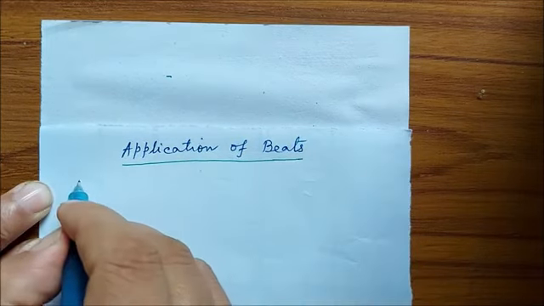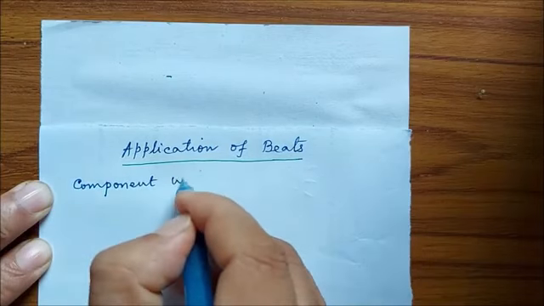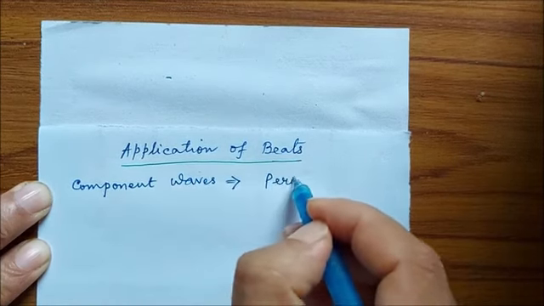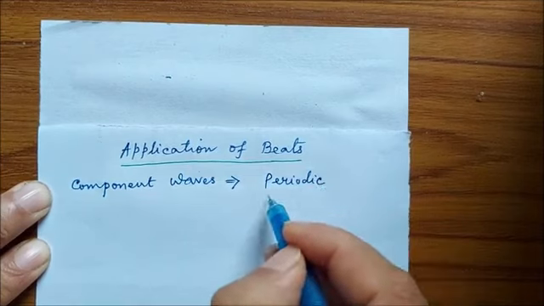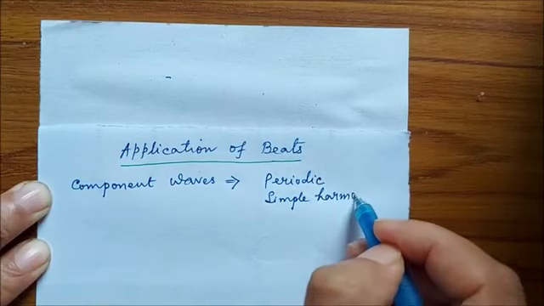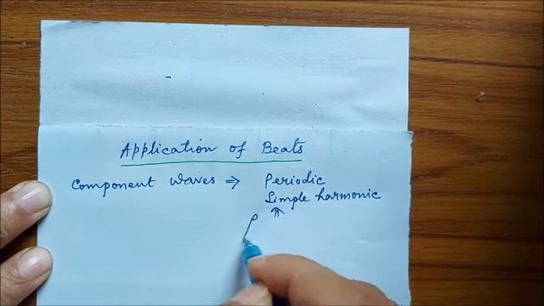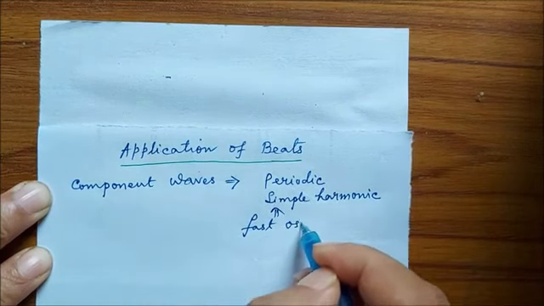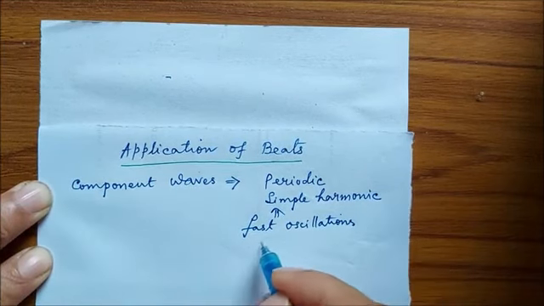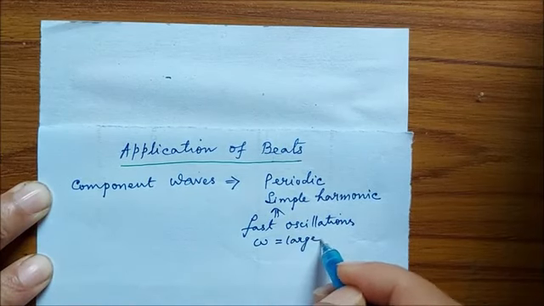Beats are produced by waves which are periodic, simple harmonic in nature, and these are fast oscillations, meaning that the angular frequency is large.